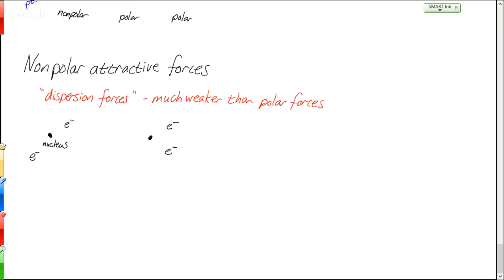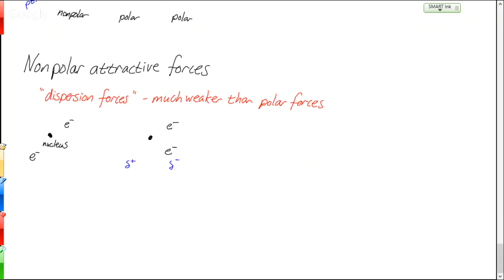Well, if they're on the same side, all of a sudden we have a momentary polarity. Just at that very moment, there's a little bit of negative over here and a little bit of positive over here, just because of where the electrons happen to be.